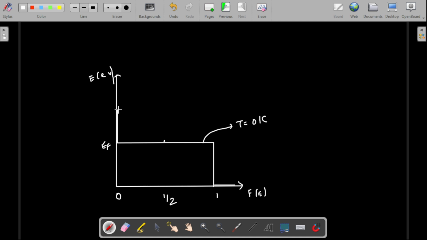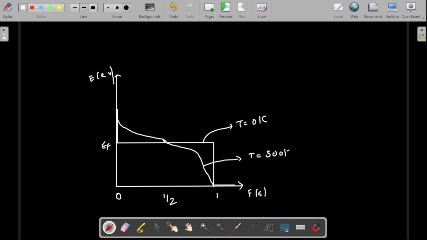If the temperature increases, the shift will slightly go this way. This is for temperature T equal to 300 Kelvin.